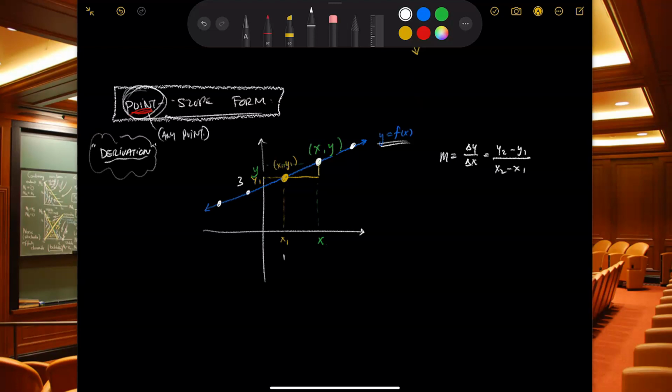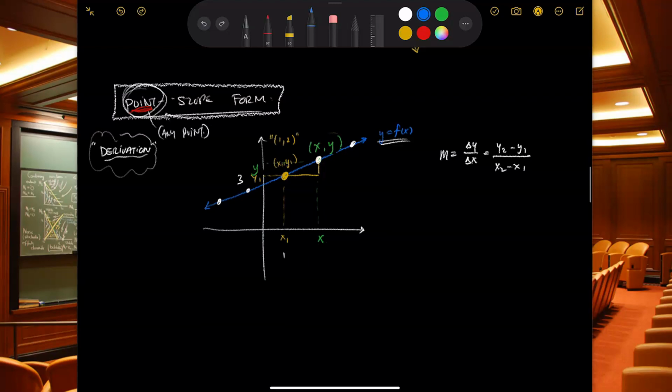So if we let the x and y change and we fix the x1, y1, and again, if it helps for the sake of imagining, just think of this as, in quotes, the point 1, 2. And over here, we're going to let x and y be anything. So what would the slope between this anywhere point and this fixed point be?